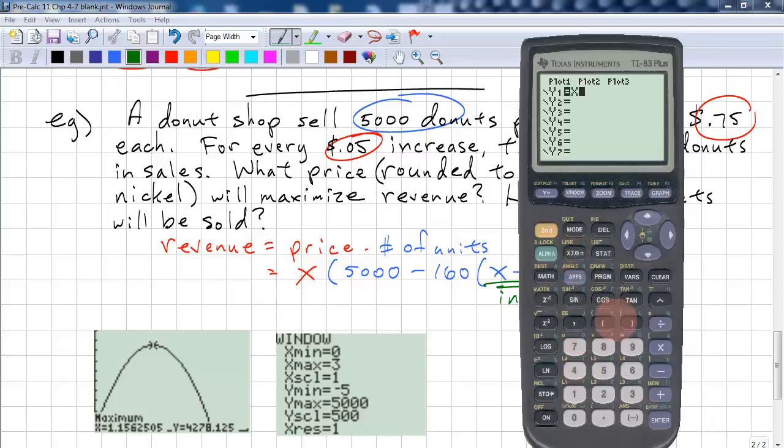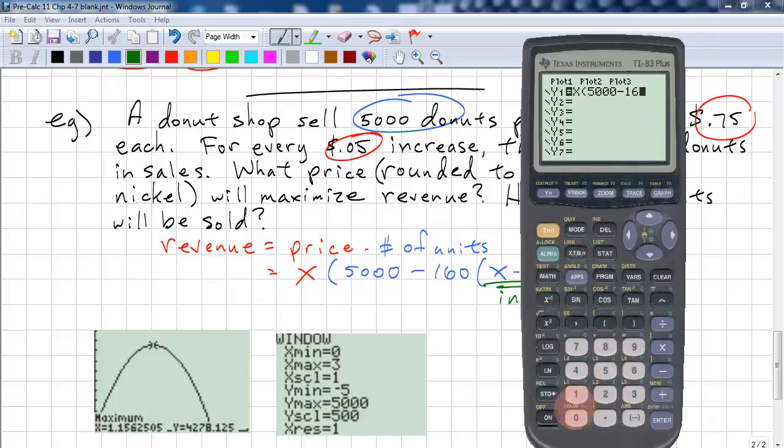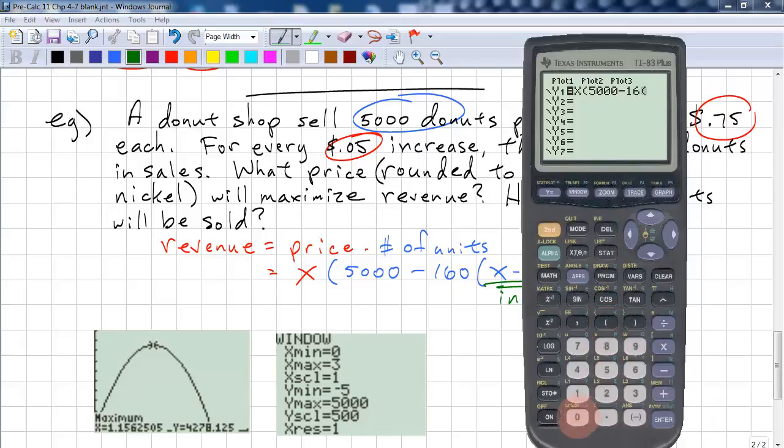We have x times 5,000 minus 160 times x minus 0.75, and then we need to divide by 0.05. We have two left brackets, we have one right bracket, so we need another right bracket. And we graph.